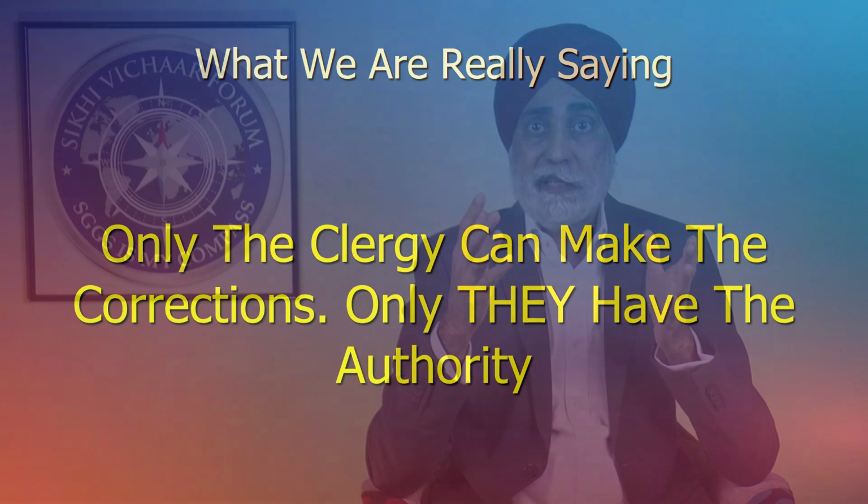Reason, the SGPC and the Akal Takht, which is under its control, have for all intents and purposes become institutions under the influence of our clergy. If not the epitome of our clergy, the embodiment of our clergy, the essence of our clergy, or the personification of our clergy themselves.